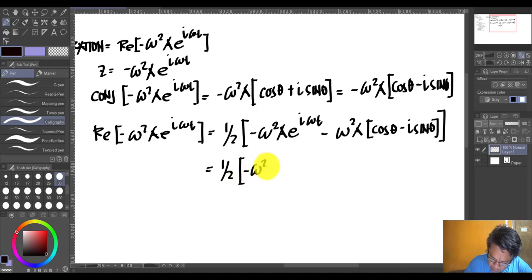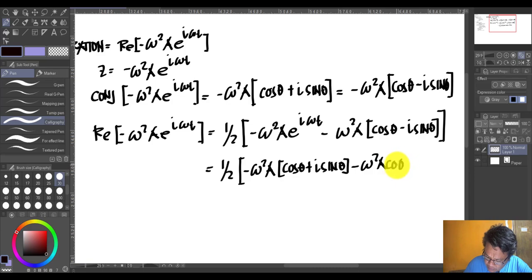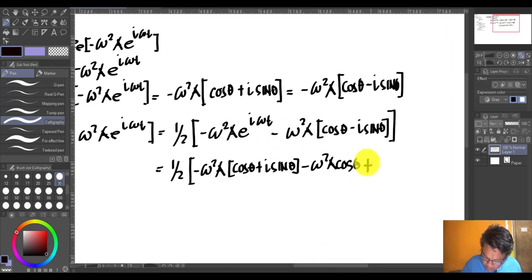And this will become your angular velocity a, and this value: cosine of theta plus i sine of theta. Distributing this one, angular squared a multiplied by cosine of theta, sorry, this is cosine of theta, so negative becomes positive, so this will be i angular squared a sine of theta.